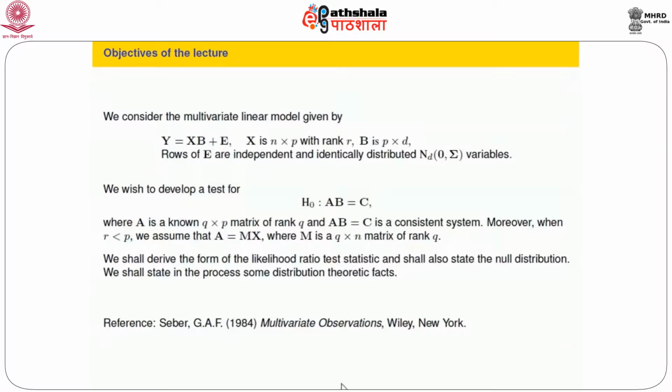Let us remember that such an assumption ensures estimability of this quantity AB. Then only we can go for estimation of this quantity AB. So we assume that A is equal to MX, where M is a Q cross n matrix of rank U. So that's the assumption we make, and we shall derive the form of the likelihood ratio test statistic and also the null distribution, and also state some distribution theoretic facts in the process.